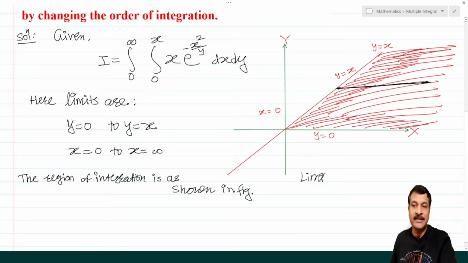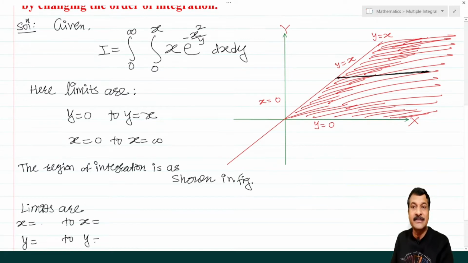So the limits are: when we extend it, it cuts the y axis, means y constant and x varies from x equal to, you decide. So x varies. What is the equation of this line? x equal to y.